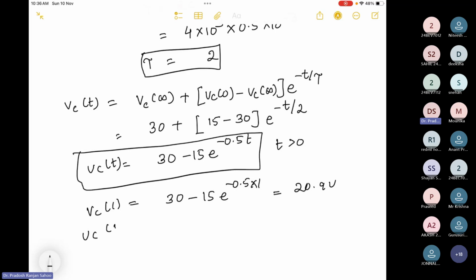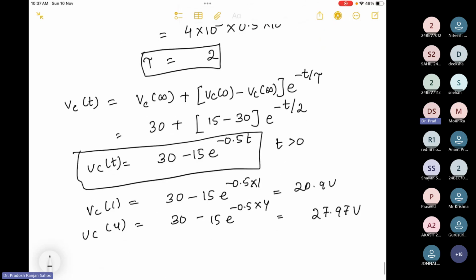Similarly, V_C at 4 seconds I can find out: 30 minus 15 into e to the power minus 0.5 into 4. So I'll get 27.97 volt. This is one of the examples already given in the book. You can check there.